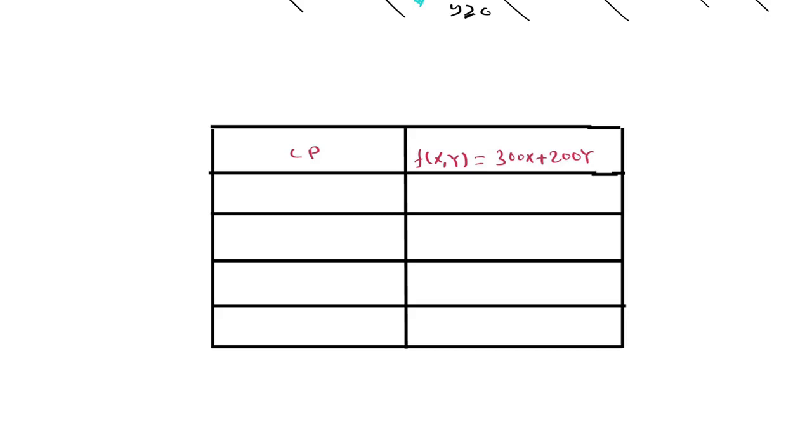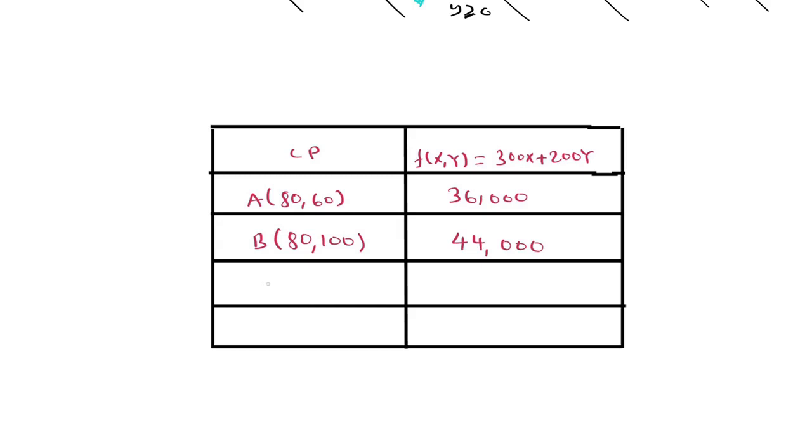So we are going to start with our first corner point, point A, with coordinates (80, 60), of which after applying these values into our objective function, the answer here is going to be 36,000. Our next point is point B with (80, 100), of which applying the values here, the answer is going to be 44,000.